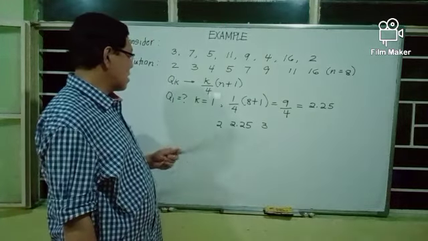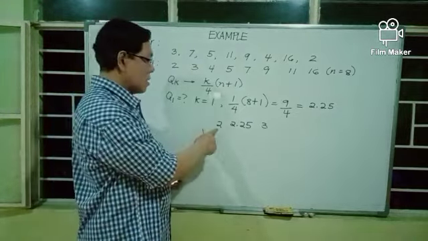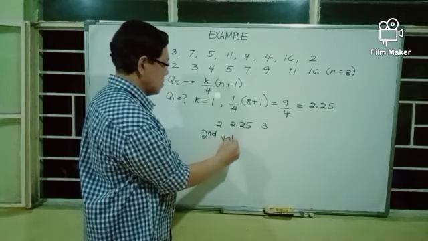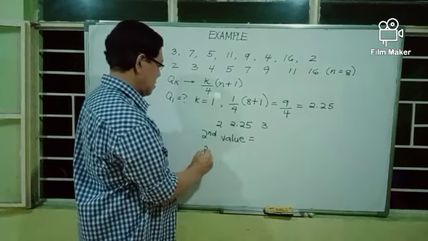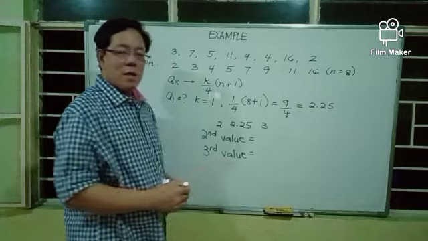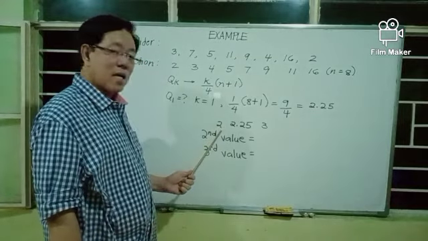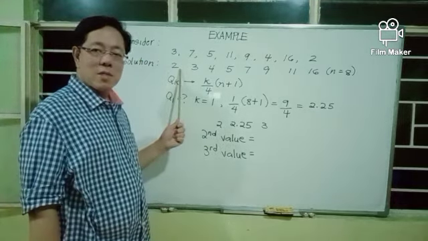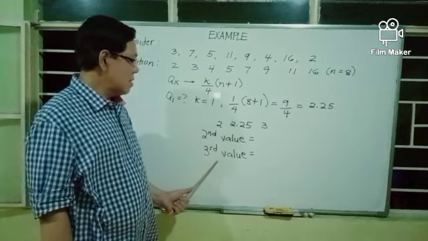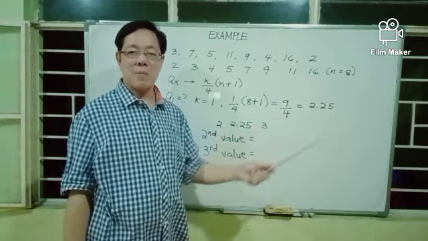Now, the first quartile, Q1, that we are looking for is between the second value and the third value in this ordered arrangement of values given.